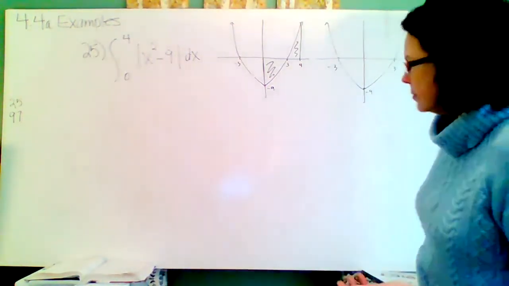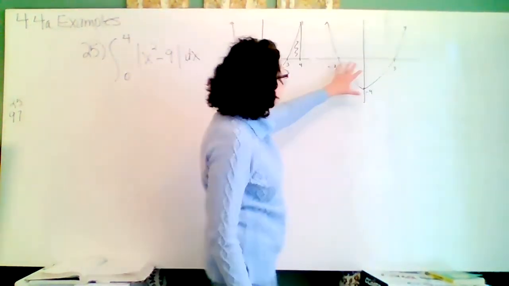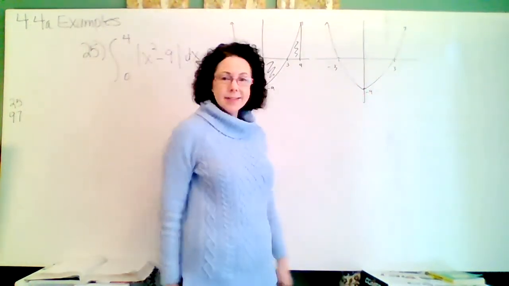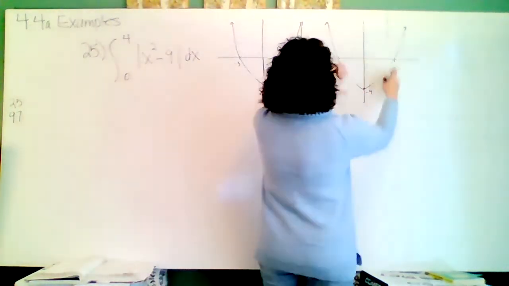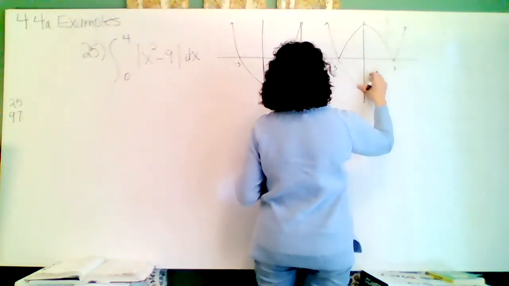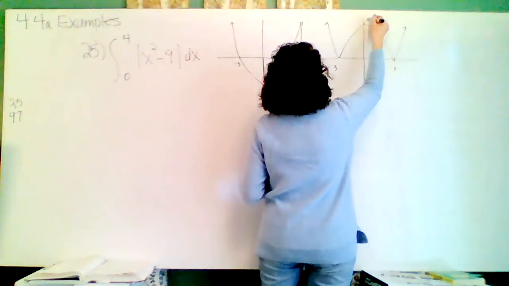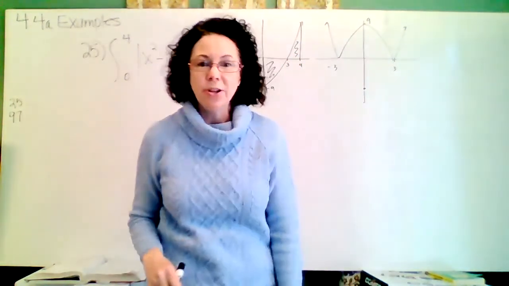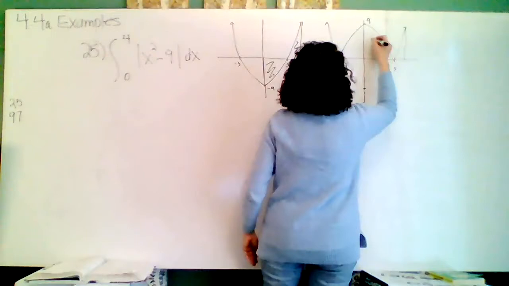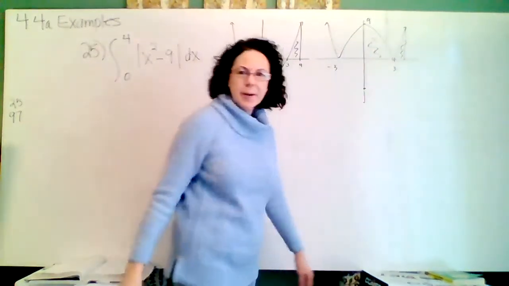Well, what does the absolute value do? It takes any negative values and makes them positive, right? So all these negative values become positive, right? So this is an actual picture of the absolute value of x squared minus 9. And then again, I'm trying to find this area and this area.